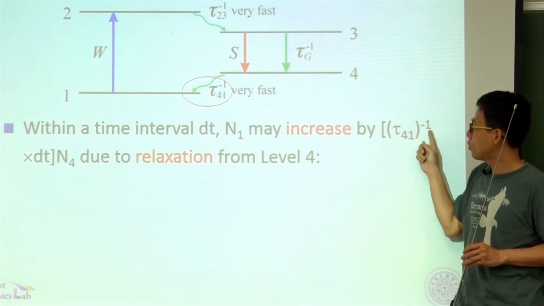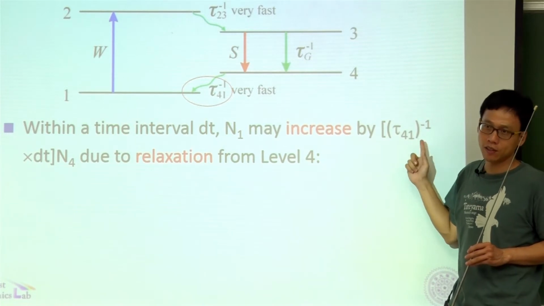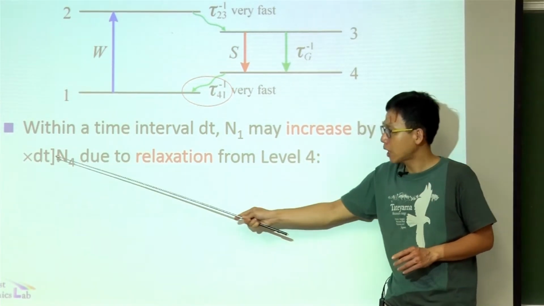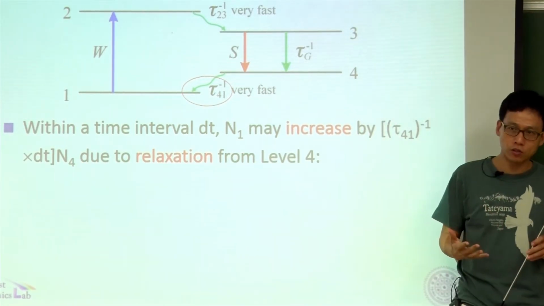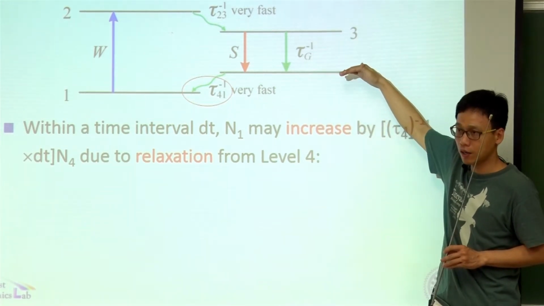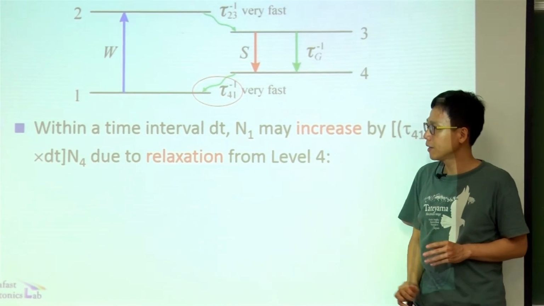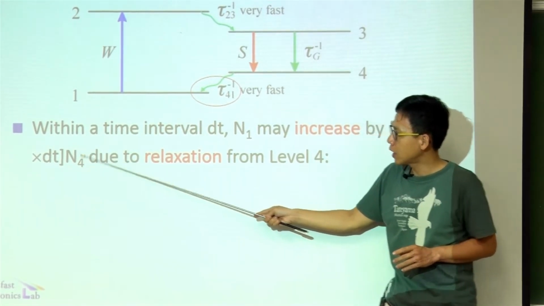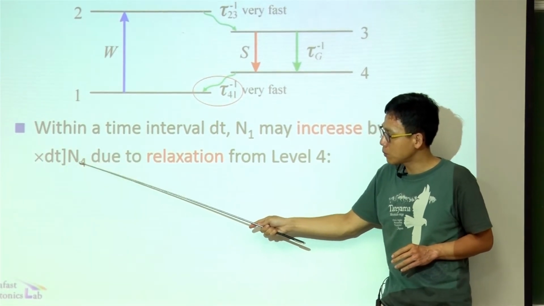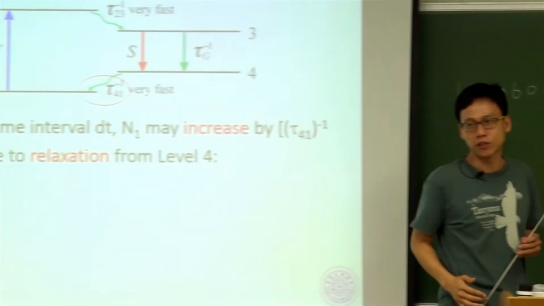Okay? Tau 4 inverse is also a rate, but this is relaxation rate. This is not pump rate. The rate times time interval, you got percentage, relaxation percentage. How many percentage of electrons on level 4 is dumped to level 1 in dt? Okay? Then the original number density is N4. So the percentage times original number density, you got the change, the difference.